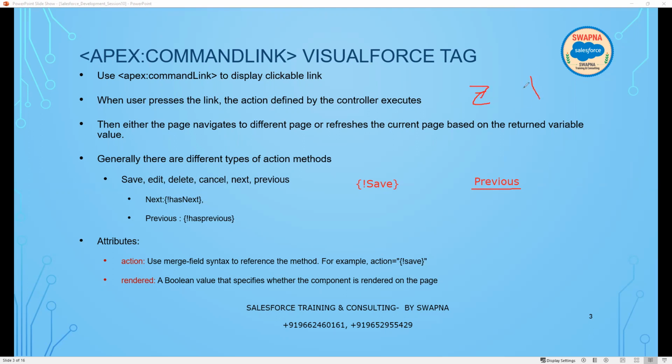If I am on the first page, do not show the previous button. This can be handled by rendered. Rendered is going to check which page it is. If it is the first page, do not show previous. If it is any other page, second, third, fourth, whatever it could be, then simply show the previous command link. Take notes of it, then we will implement it.